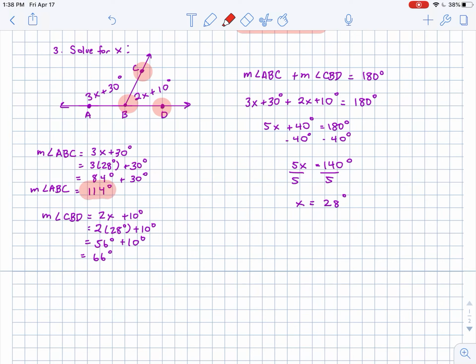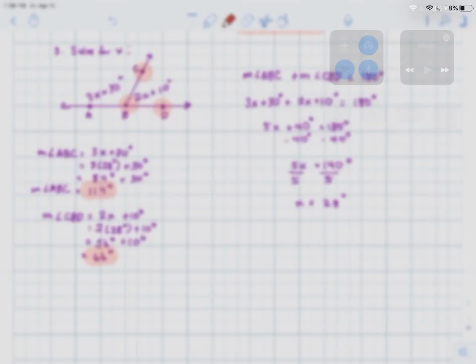And if I add this plus this, I get 180. Okay. So with supplementary angles, make sure you remember the sum of the two angles is 180 degrees. You can use that to solve for x and to solve for all angle measures. Okay. Thanks.